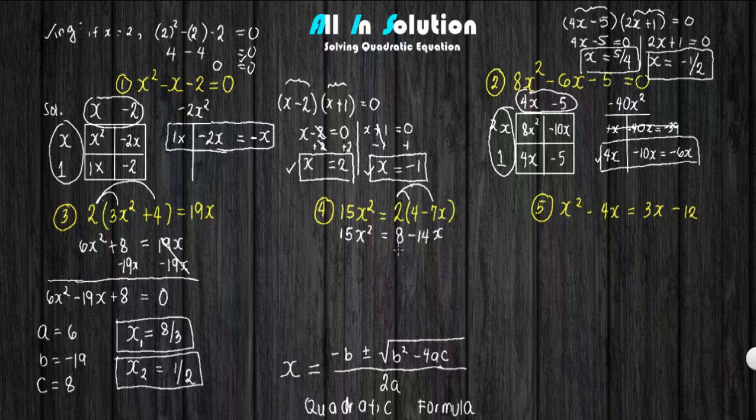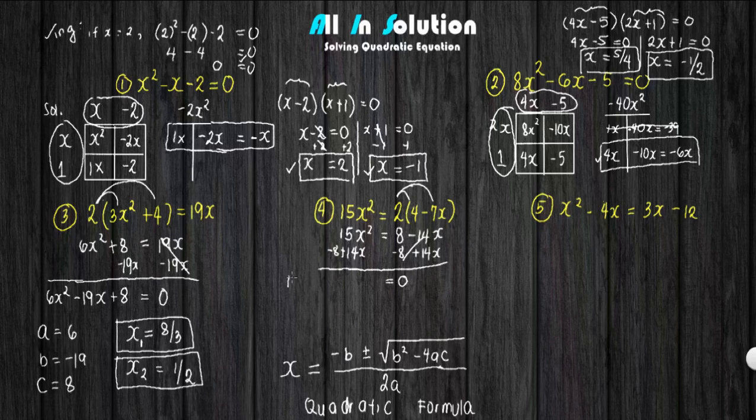Now, as we continue, kailangan lahat ng bagay sa kanan ay mapunta sa kaliwa. So that, I will subtract negative 8 and add 14x both sides. Ayan. So, yung right side ay magiging 0.